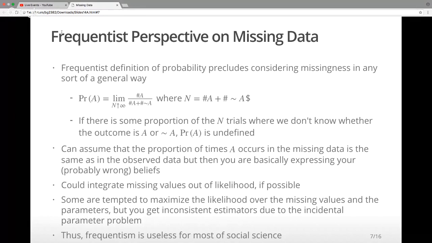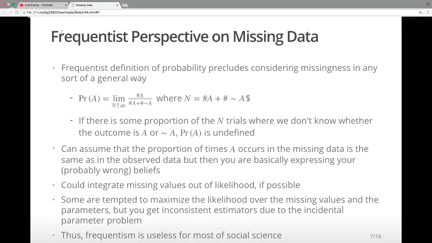People just don't say at all what the data value is. And missing data basically cuts to the heart of the frequentist definition of probability, and it precludes any way of really considering this in a satisfactory way.